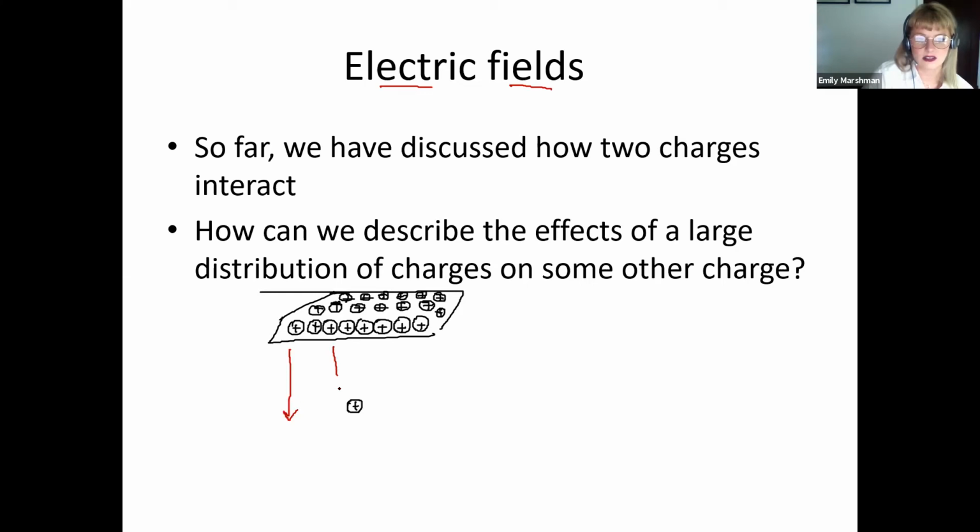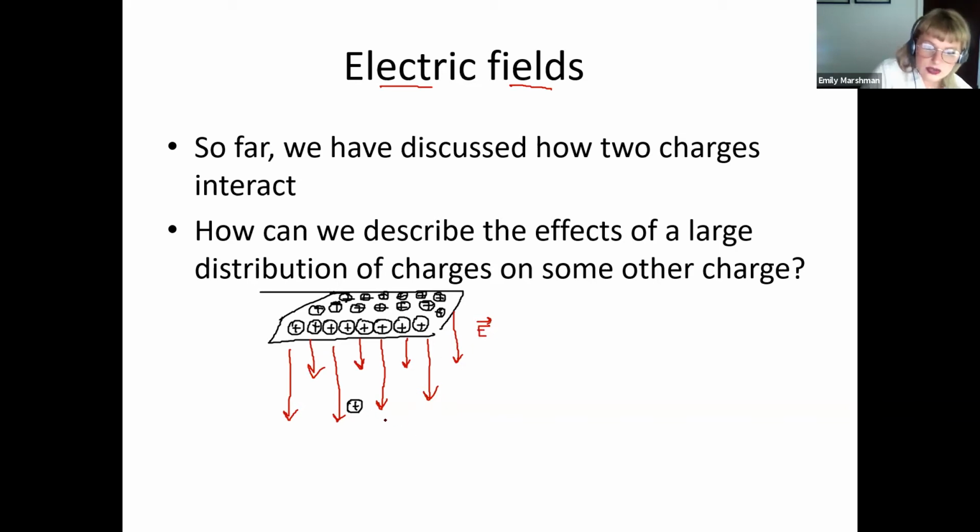So what we're going to learn is that if I have a collection of charges that look like that, the electric field is going to be pointing directly down, away from that plate.